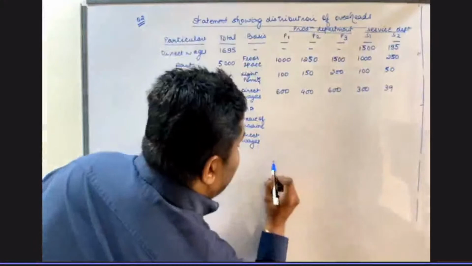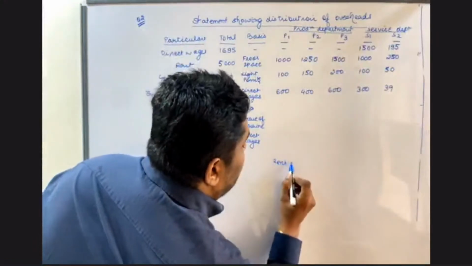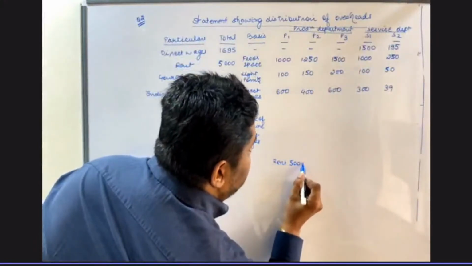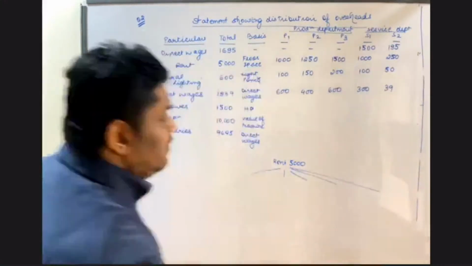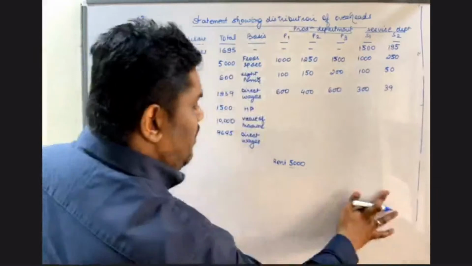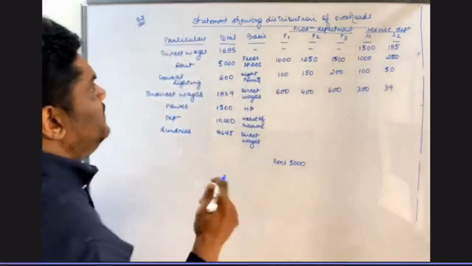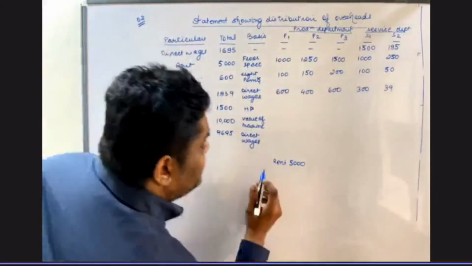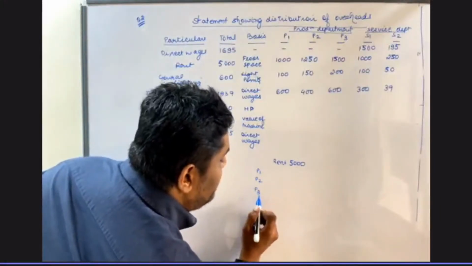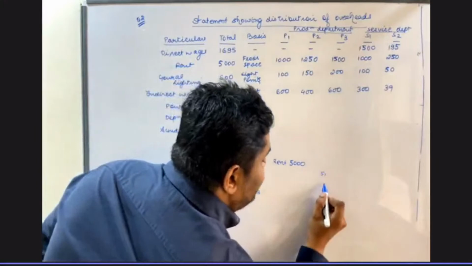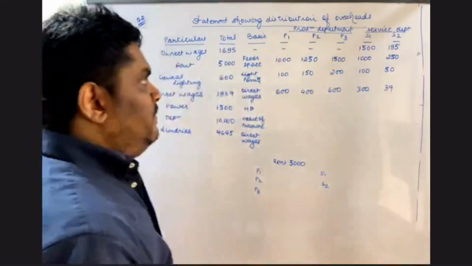when talking about rent, my rent paid is 5,000. Now it is to be distributed in 3 production departments P1, P2, P3 and 2 service departments S1 and S2.